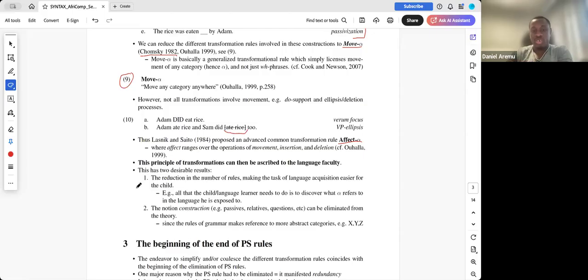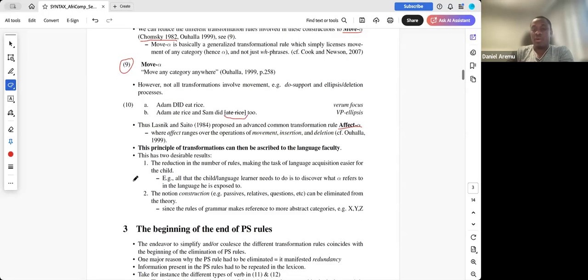So this principle of transformation can then be ascribed to the language faculty, basically that affect alpha is in the language faculty of every speaker. That is why every speaker knows how to undo different constructions and the ones not to pronounce, like the island constraint that we saw earlier.